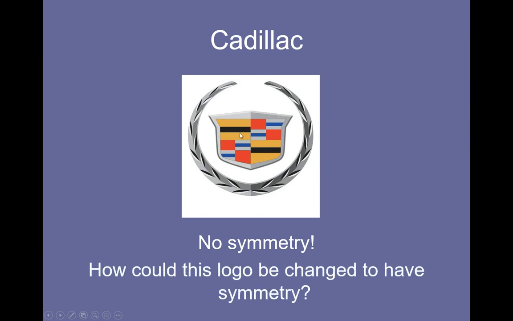Okay, Cadillac. Why would it be called Infinity but then not have the Infinity symbol? I don't know. The interesting thing about the Cadillac is that it's really close to having line symmetry, but it doesn't. They're kind of creative, because if you just look at the silver, it has line symmetry, and the inside has rotational symmetry, but when you put it all together, it has no symmetry.